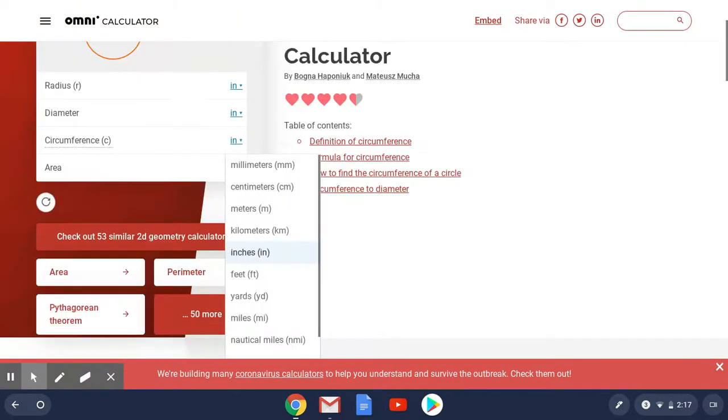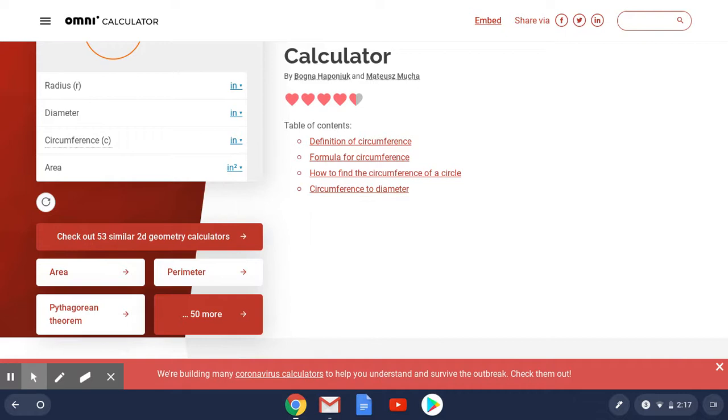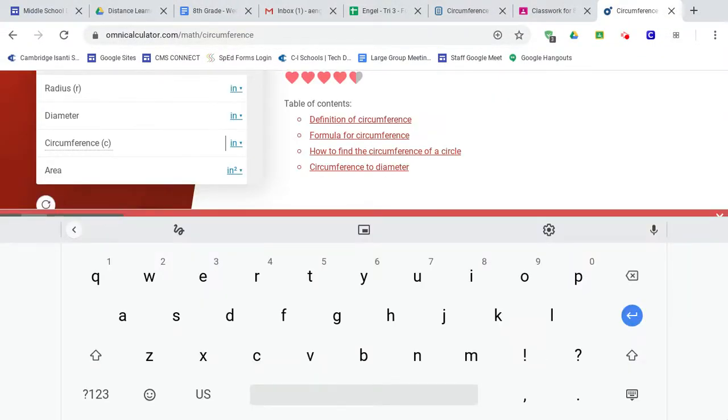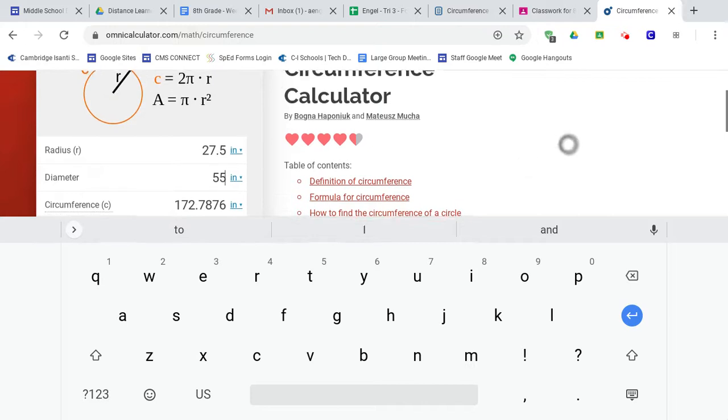So if we're looking for circumference here, we would put in what our diameter is. So if we know that it is 5 inches, we would find the circumference, or 55 inches. We could also find the area. Use these types of calculators.